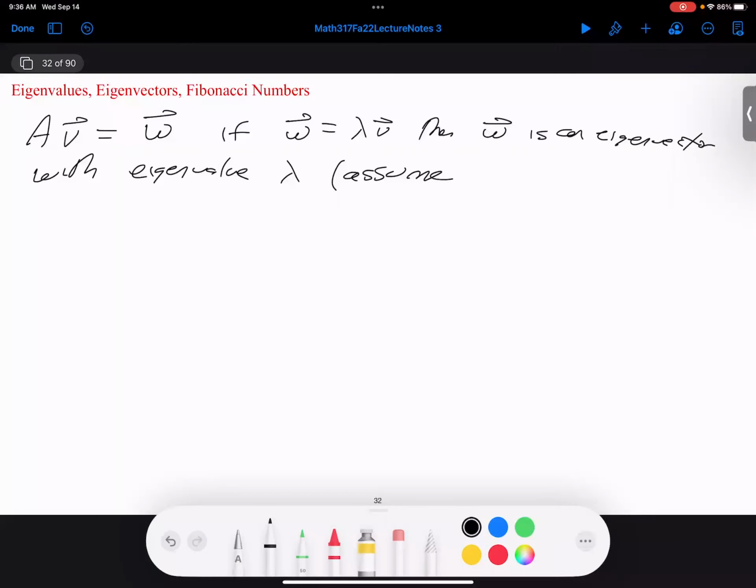And we normally assume that V is not the zero vector. Because if you do consider the zero vector to be an eigenvector, what is its eigenvalue? Anything. And so again, this goes back to what do we want to define?